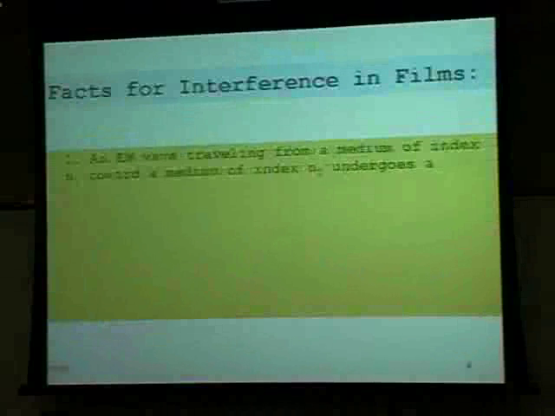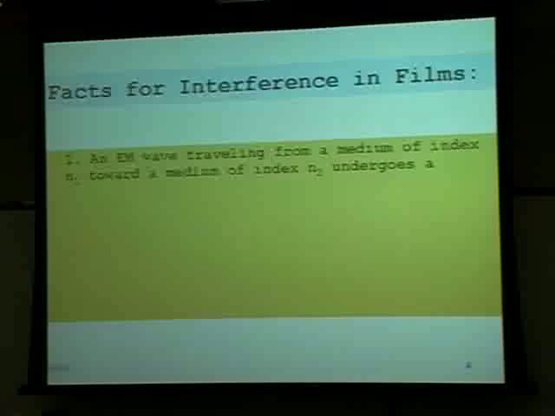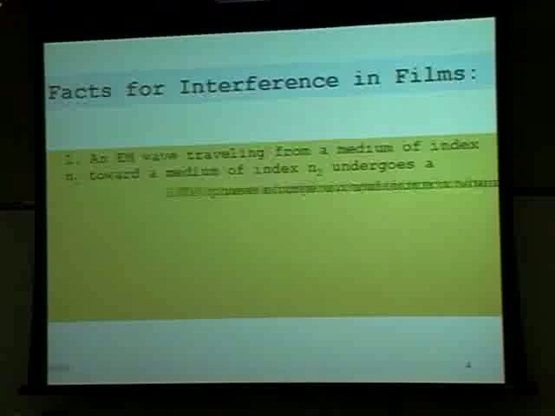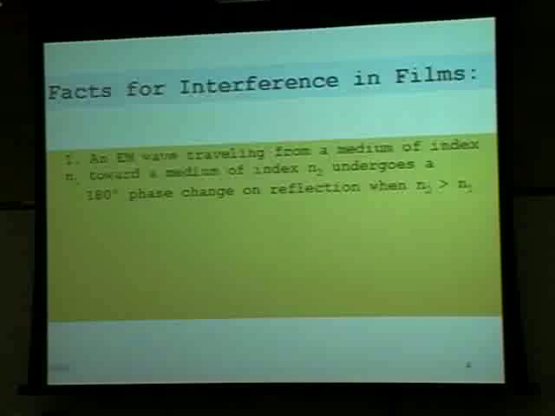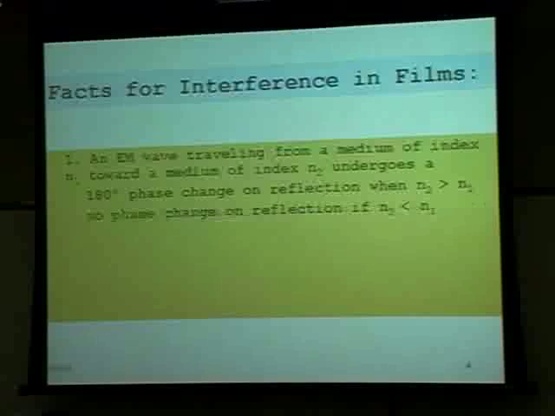So here are facts for interference. An electromagnetic wave traveling from a medium of index n1 toward a medium of index n2 undergoes a 180-degree or pi phase change on reflection if n2 is greater than n1, and no phase change if n2 is less than n1. Keep that in mind.